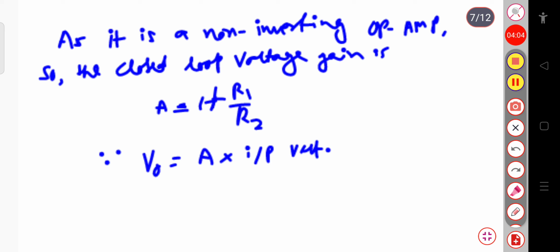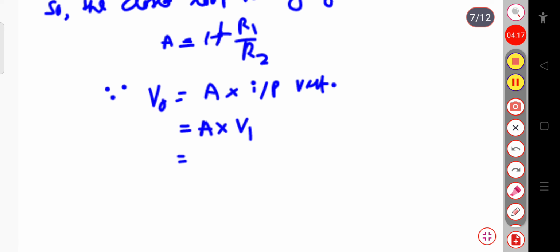This is your V1, because this is the non-inverting terminal and across the non-inverting terminal we are given the voltage V1. So V1 can be written as V0 divided by A.